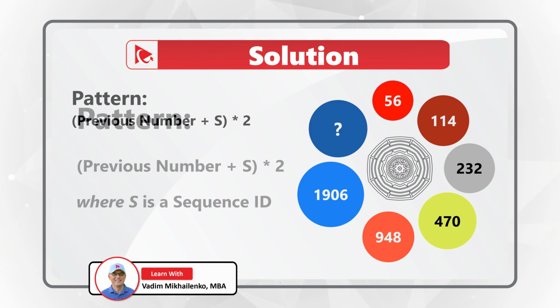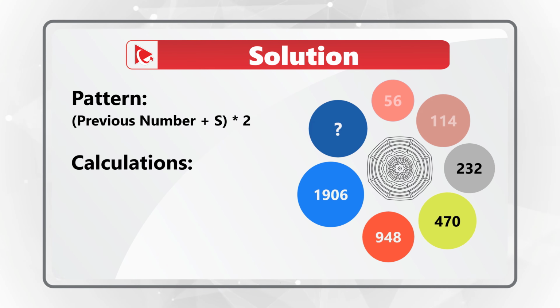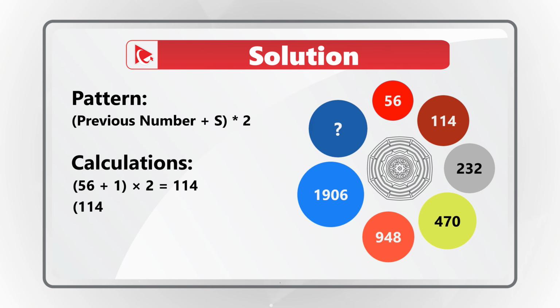The first number in the sequence is number 56. If we add 1 to 56, which is the sequence number, then multiplied by 2, 57 multiplied by 2 is 114. Let's do the same thing to number 114. 114 plus 2 multiplied by 2 equals 116 multiplied by 2, which is 232.